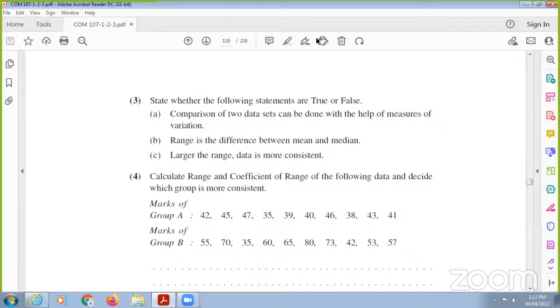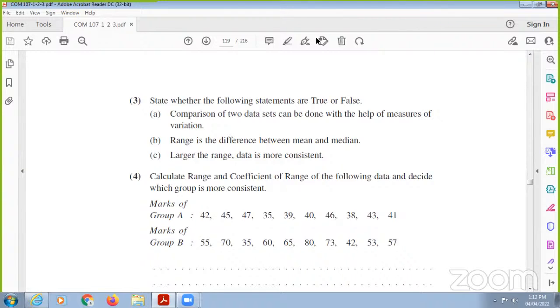Then for group B, the highest value is 80 and the lowest value is 35. So the range will be 80 minus 35, which is equal to 45. The coefficient of range formula is H minus L upon H plus L. Here, 80 minus 35 upon 80 plus 35, that means 45 upon 115.